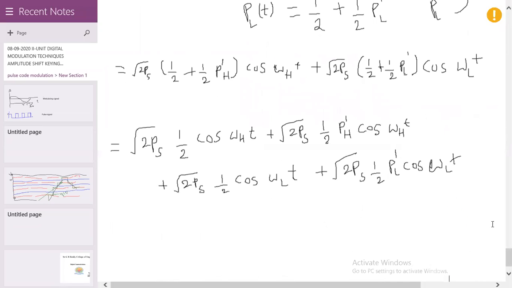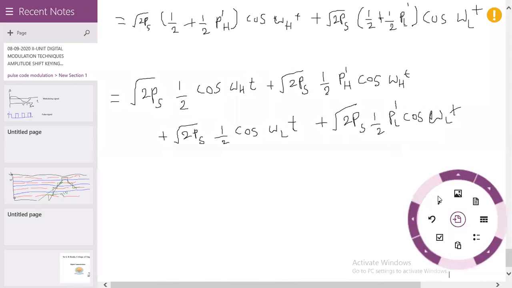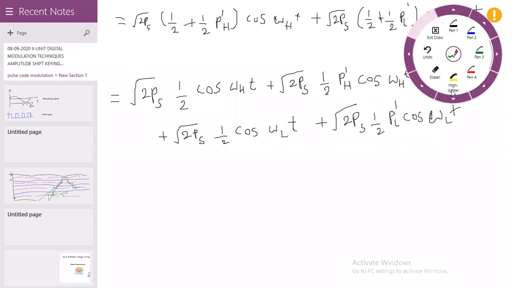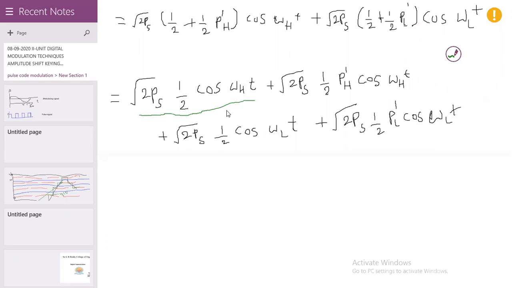So now we can calculate the power spectral densities of this equation. The terms present in this equation: this is root of 2PS 1/2 cos omega CT. This is nothing but some amplitude with an ordinary cos signal, a cos signal with constant amplitude, RMS voltage and amplitude.